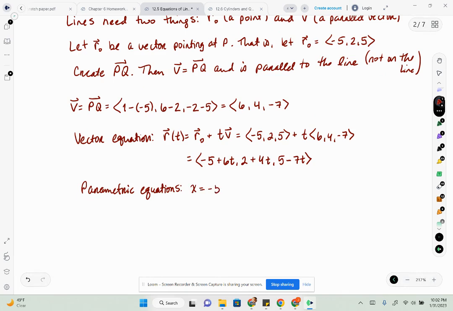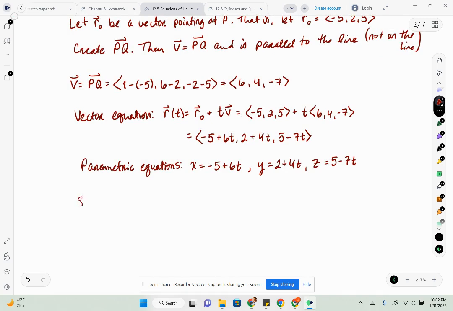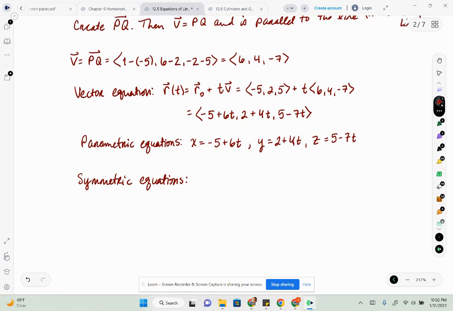So x is equal to -5 plus 6t. We take the second component and call it y. Y is equal to 2 plus 4t. We take the third component and call it z. Z is equal to 5 minus 7t. That's it. Symmetric equations require us to solve for t in each of the parametric equations.